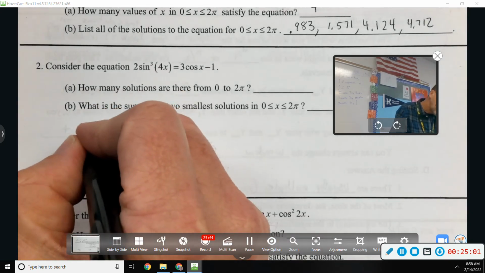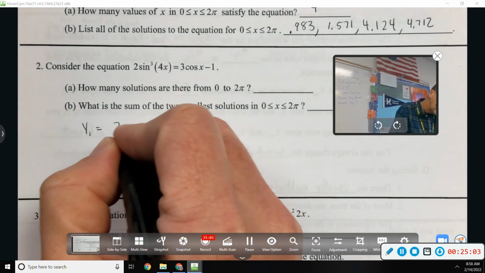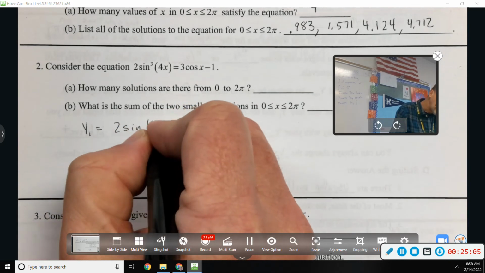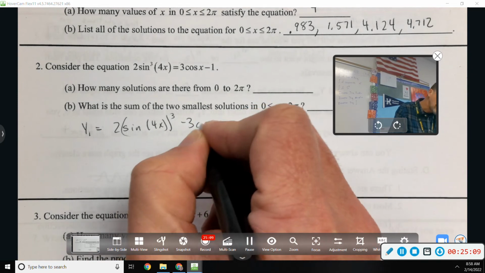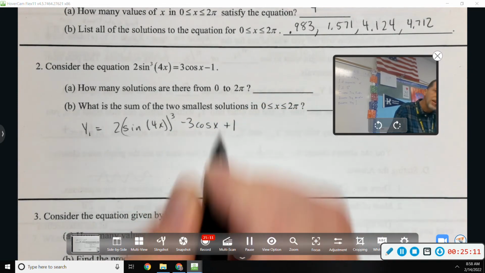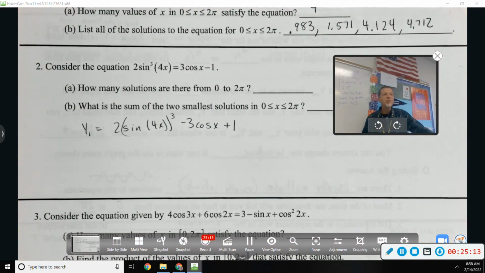Let's move things around here. In fact, I'm even going to move things around and sort of write it in the calculator format. You don't have to do that, but it can help you put it in the calculator the right way. It also doesn't matter which side you move it to. So usually I move stuff to the left, but I guess there could be an equation where I'd move stuff to the right.